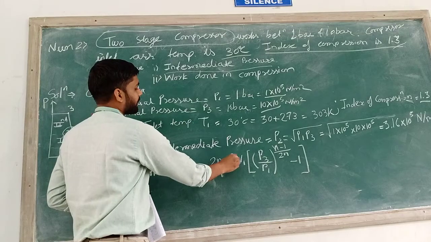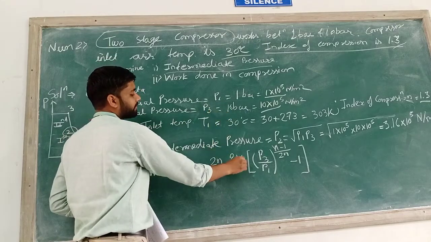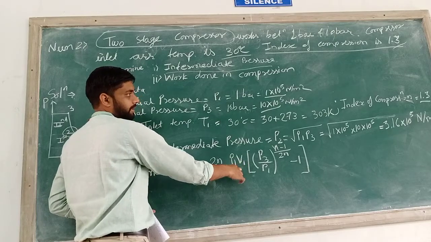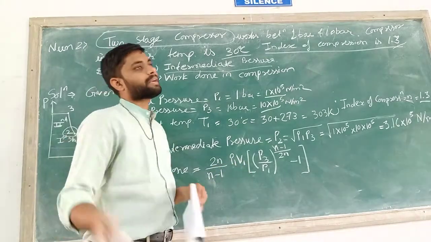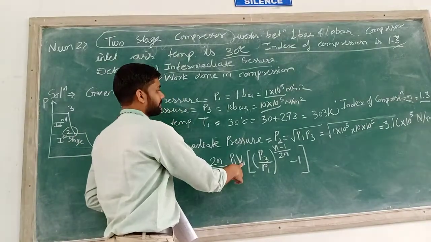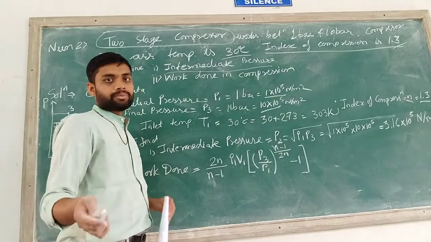Here we have only the value of P1, but we don't have the value of V1, and we also don't know the bore diameter and stroke length. So instead of P1 V1, we can use the relation m R T1.